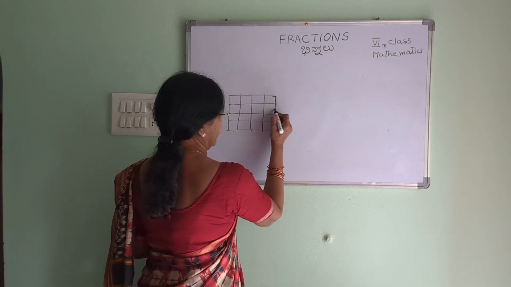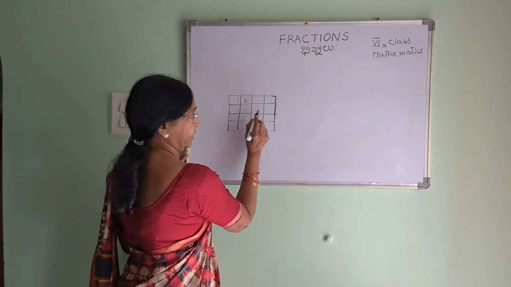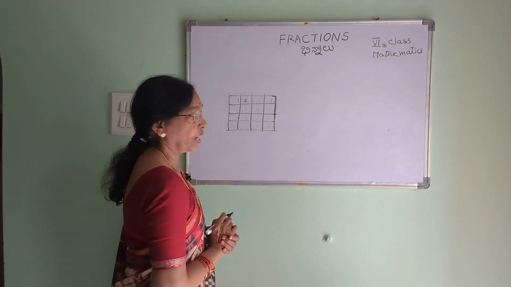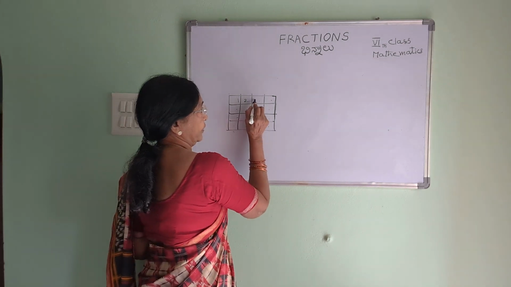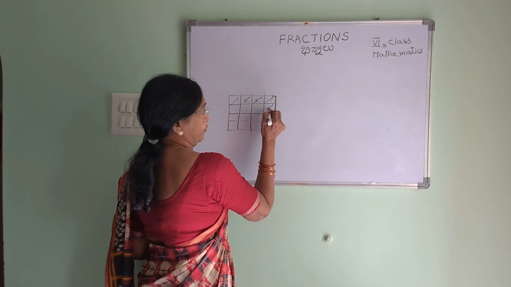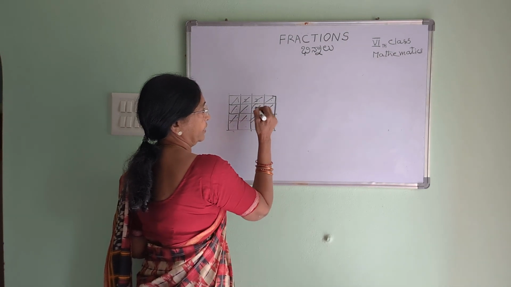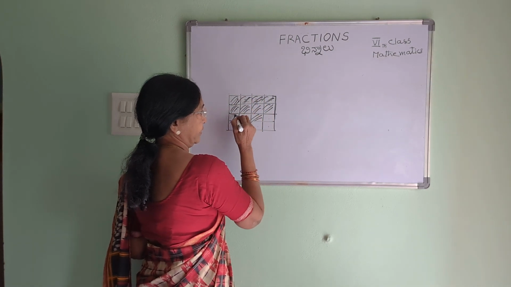So this is a grid having 16 equal portions: 1, 2, 3, up to 16. Among this, let us shade some 11. 1, 2, 3, 4, 5, 6, 7, 8, 9, 10, 11. 11 equal parts or 11 blocks are shaded.